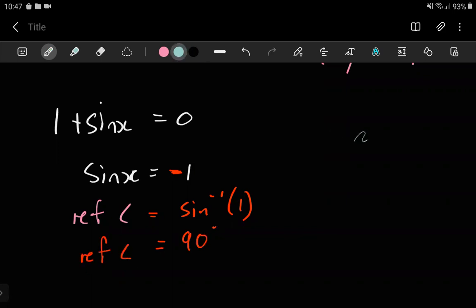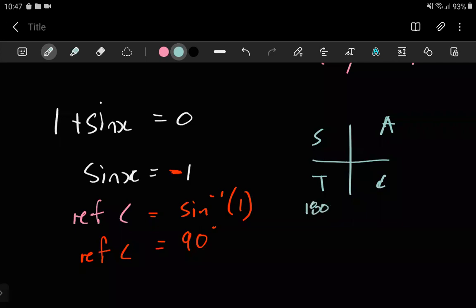Now we can make use of our CAST diagram and use this sign. That sign in front is telling us we should work in the negative quadrants, so it's going to be here and here. So it's 180 plus and then 360 minus.